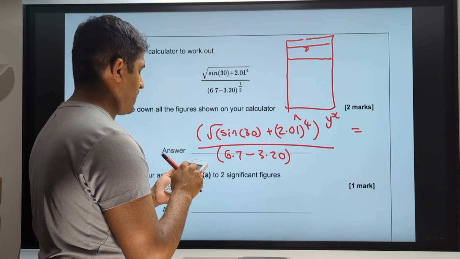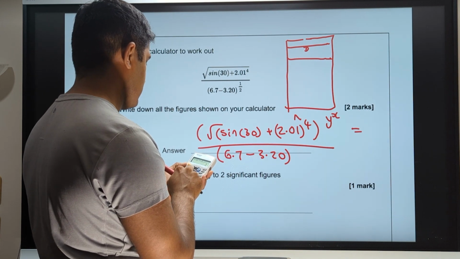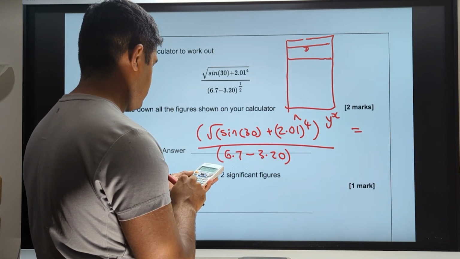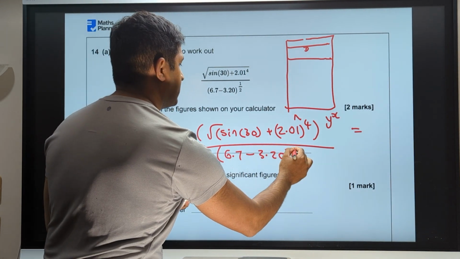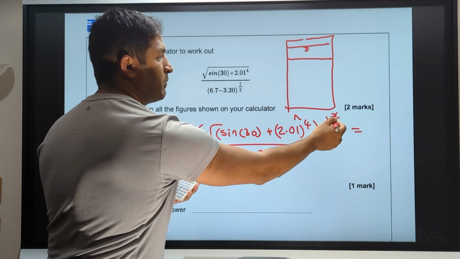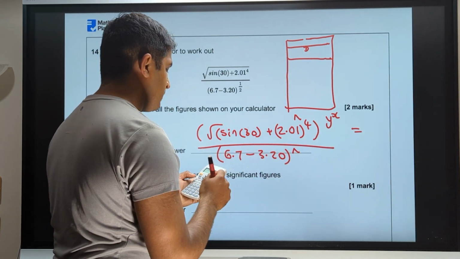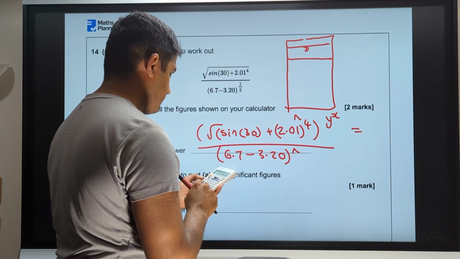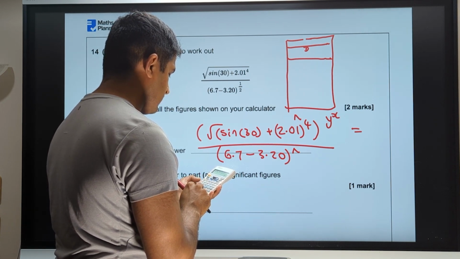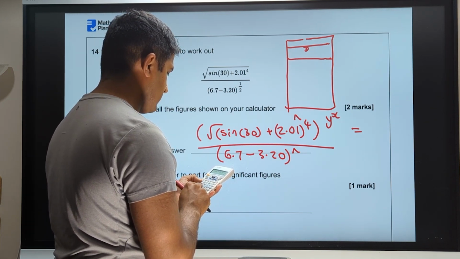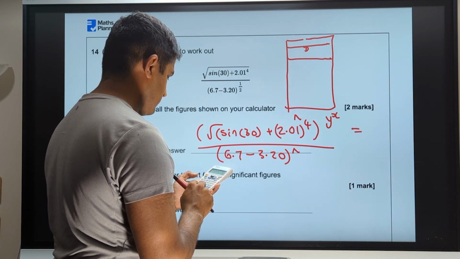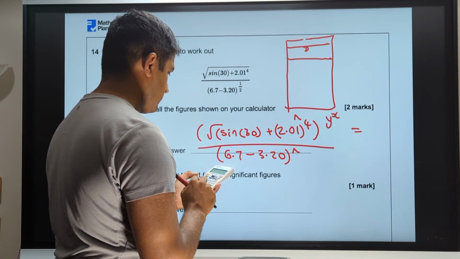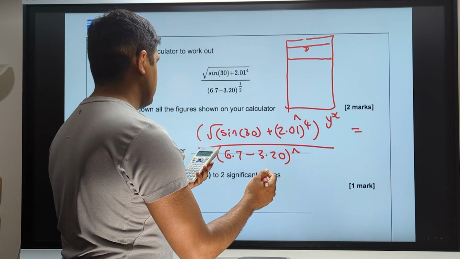And then I'm going to power it by a half, which you can do with the power button like this, or y to the power x, and then you can use the fraction for a half, okay?